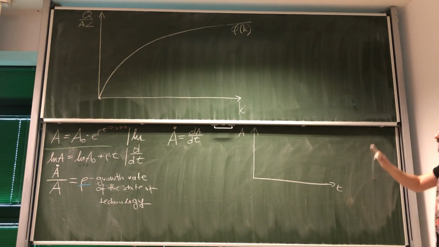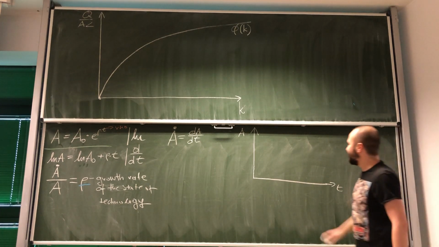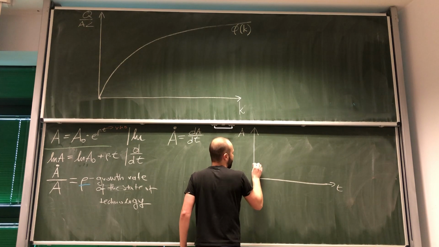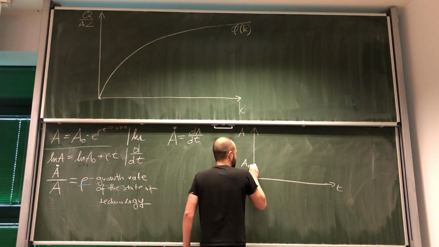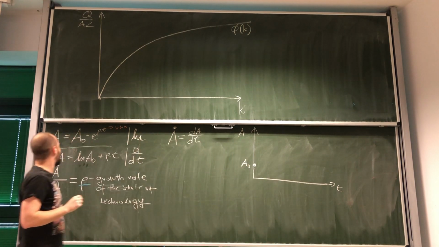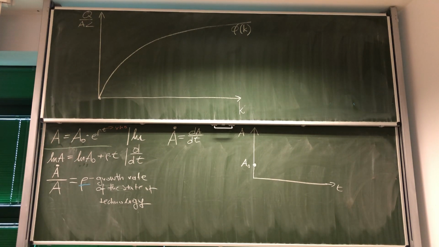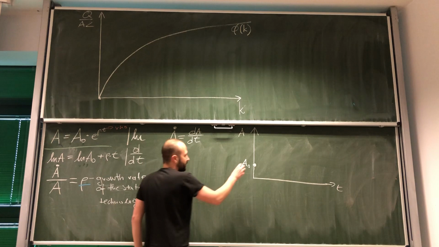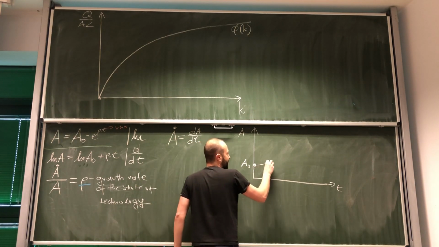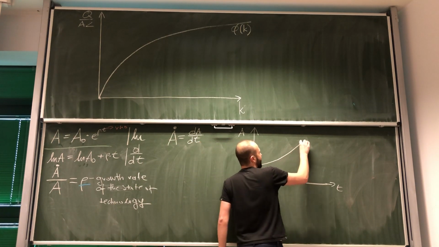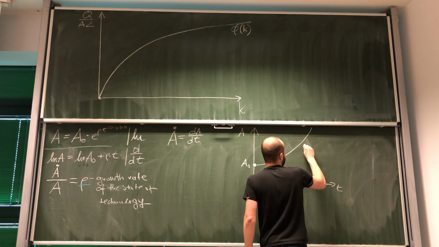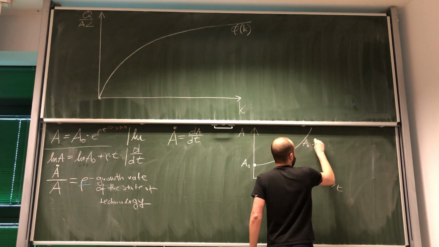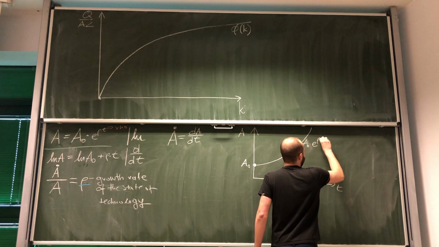If at time 0, the state of technology is given by A0, what is happening later? Well, of course, here we have an exponential function, so we see that this function is growing faster and faster. So this is the function A0 times e to the power rho times t.